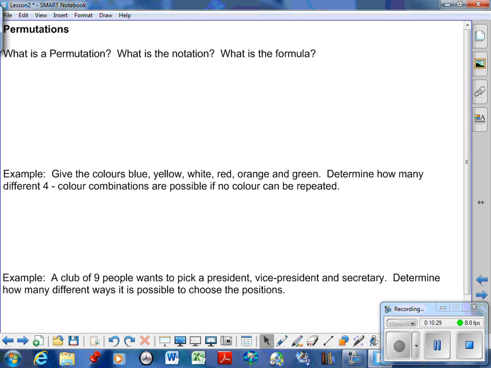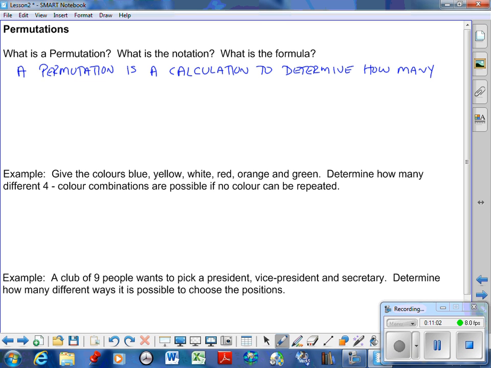So permutation. Excuse me, what is a permutation? All right, permutations are as follows. A permutation is a calculation to determine how many ways, and we'll go with n distinct objects.